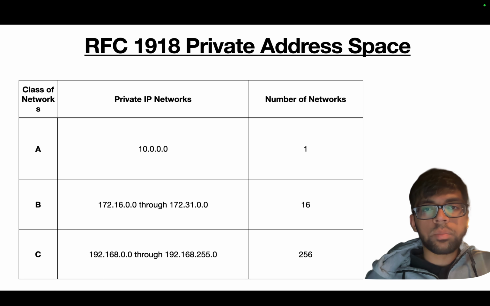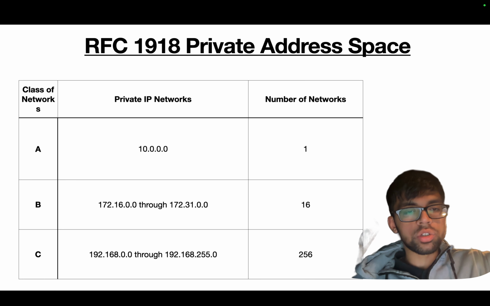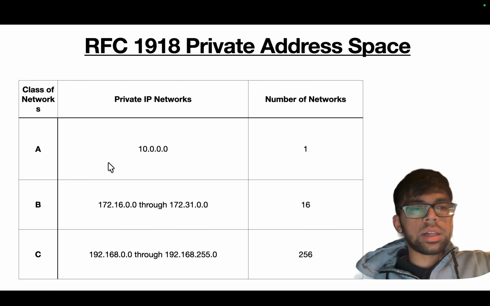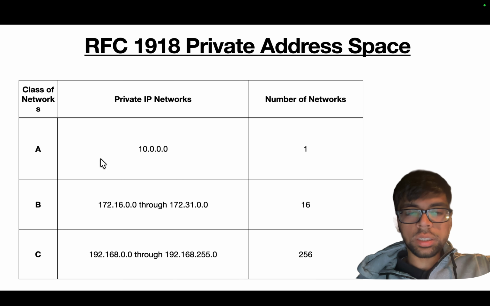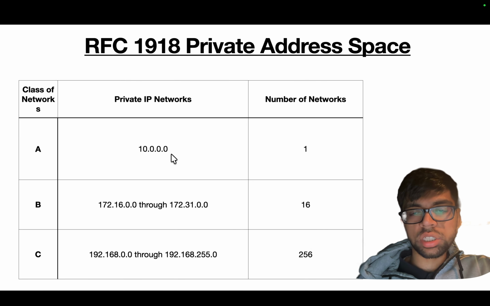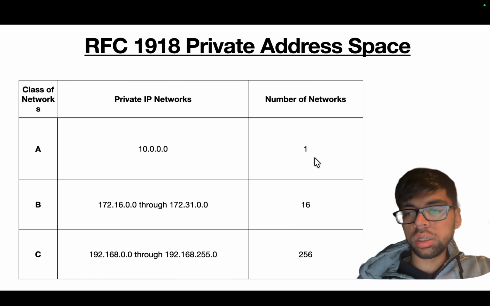Now let's look at the private IP address ranges defined in RFC 1918. This is what's used in private IP addressing, in organizations internally. Class A is 10.0.0.0, which gives you just one network.